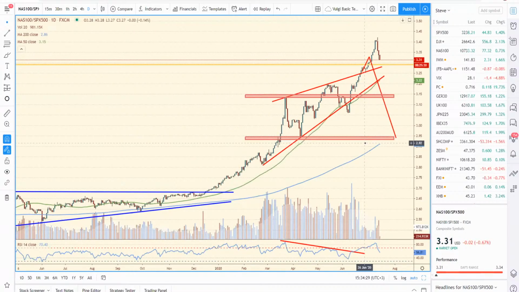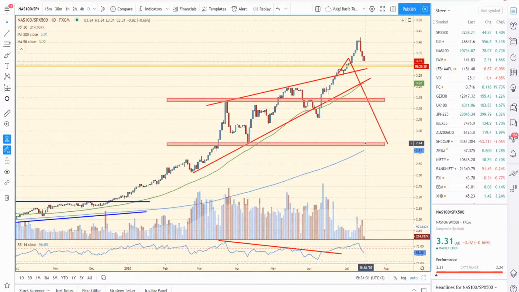Admittedly, we've had a beautiful evening star formation. Look at that RSI. We're just back to all-time high levels that we saw like 7-8 trading days ago.